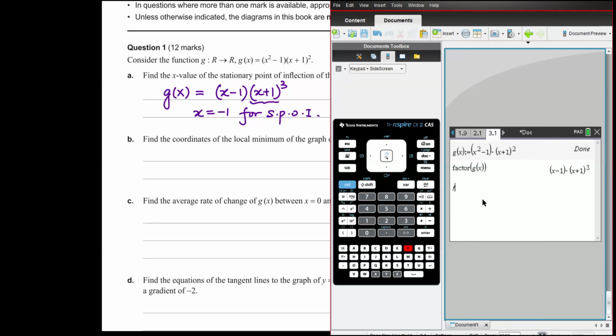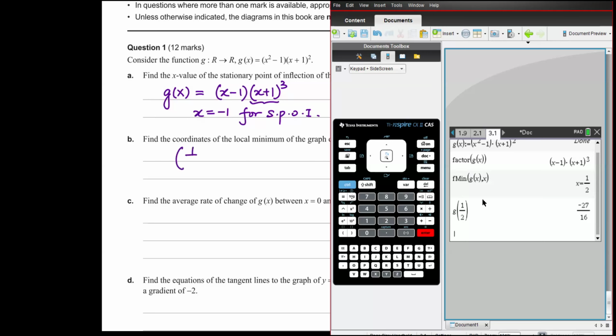Local minimum, the minimum of g(x) at x equals half. So g of half is minus 27 over 16. This time you need coordinates. The previous one is just the x value, so make sure you answer the question.